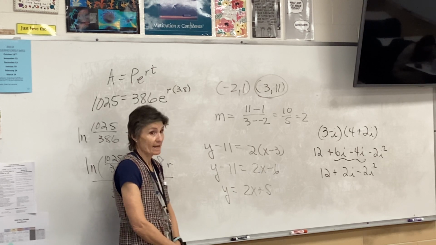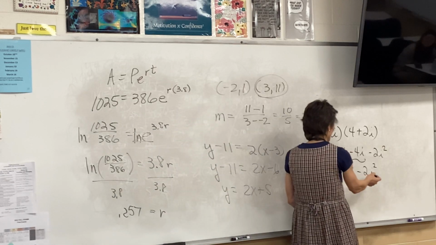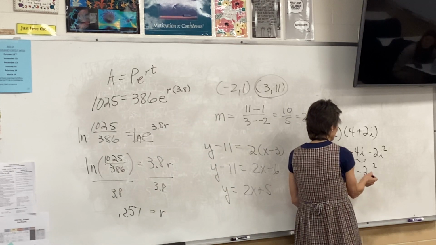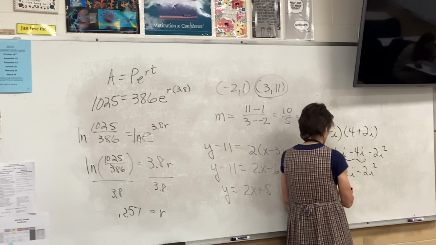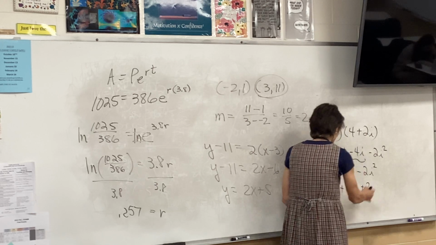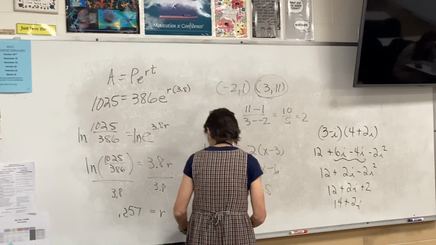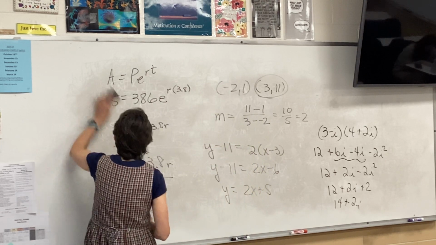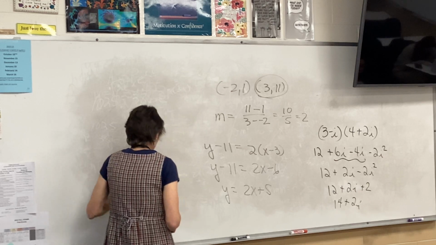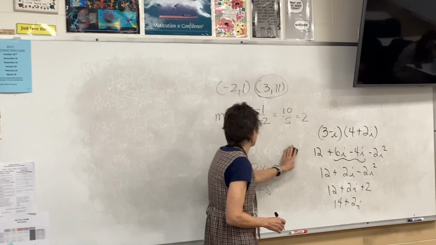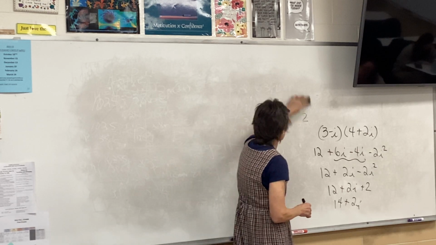So what happens when we have negative 2 times negative 1? We get 2. And now we can add those and end up with our answer, which is 14 plus 2i. So we're going to FOIL that problem, and we're going to remember that i squared is negative 1, right?